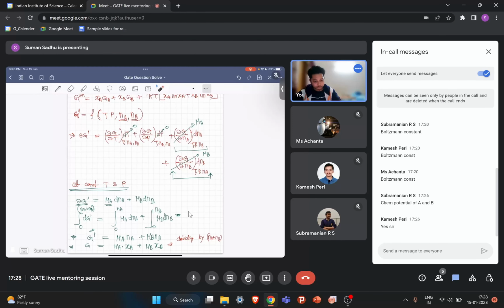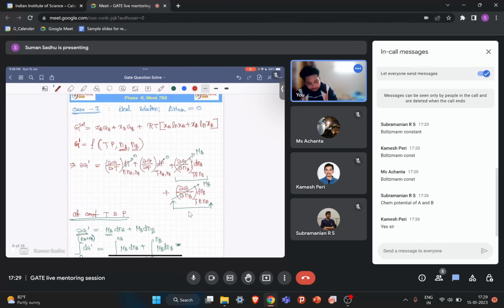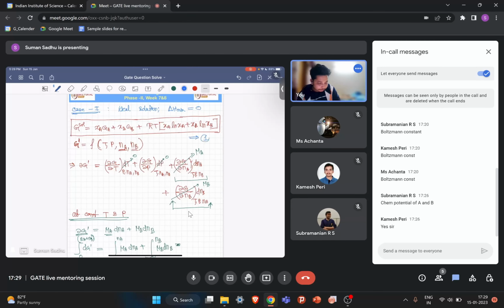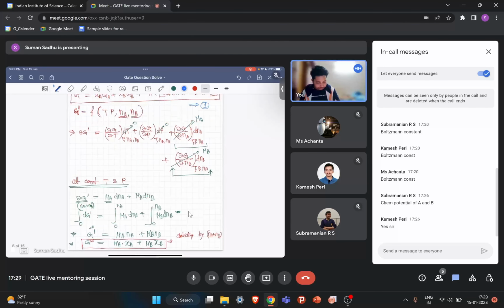So we can write g in terms of chemical potential. This is the G of solution in terms of chemical potential, and this is the G of solution in terms of mole fraction and the molar free energy of pure A and pure B. So let us consider this as equation 1, and this as equation 2.